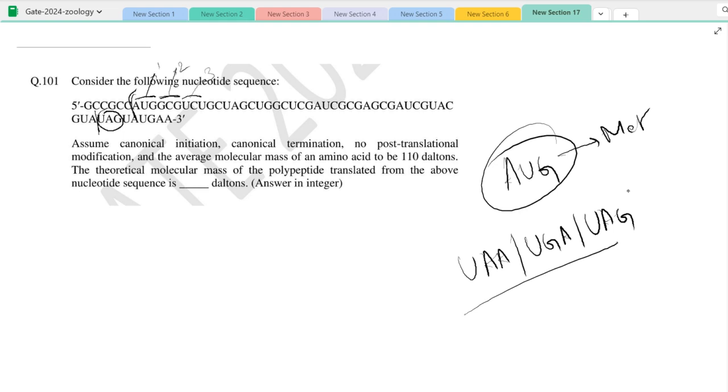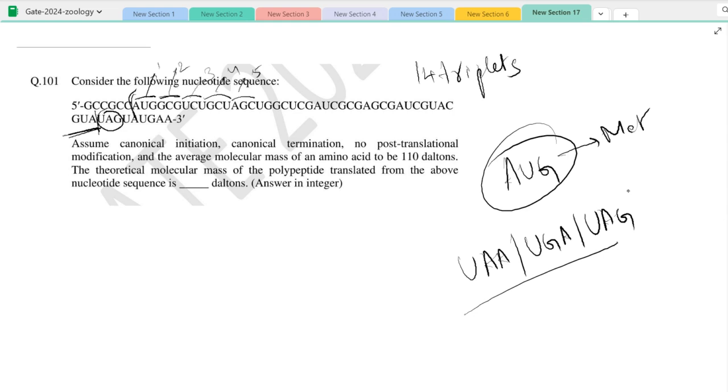This will lead to 14 triplets if you count in triplets, like 1, 2, 3, again 4, like this, until this particular base. You will end up with 14 triplets.